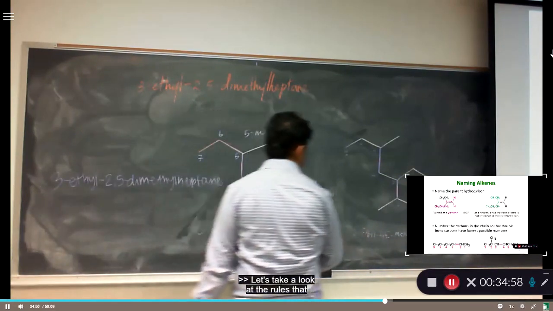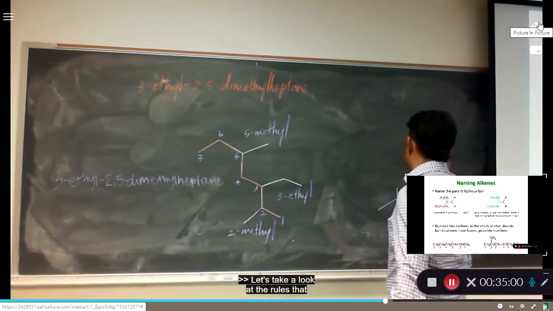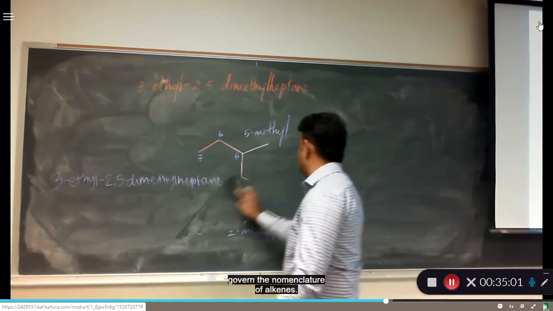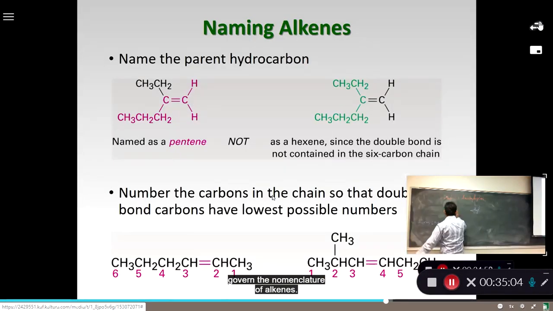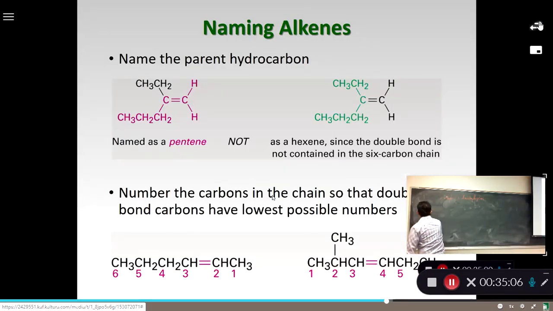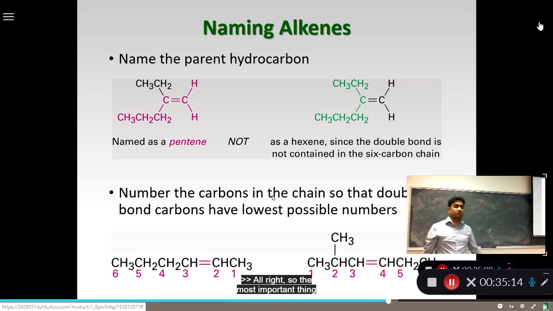Let's take a look at the rules that govern the nomenclature of alkenes. Alright, so the most important difference between alkenes and alkanes is that starting from alkenes, we introduce something called a functional group.